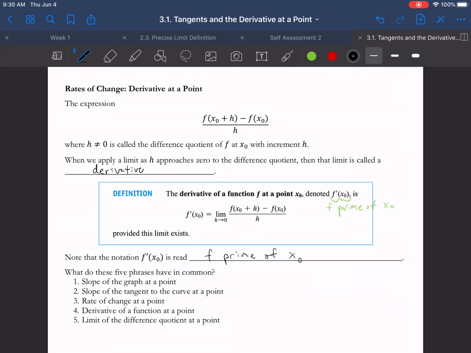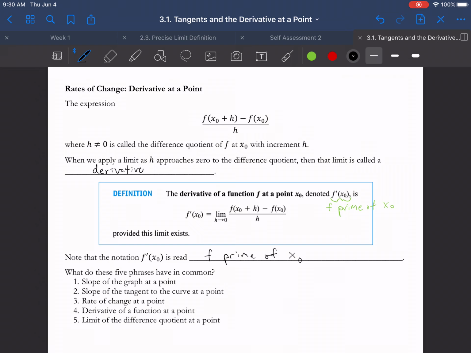So what do these 5 phrases have in common? Slope of the graph at a point, slope of the tangent to the curve at a point, rate of change at a point, derivative of a function at a point, limit of the difference quotient at a point. Basically, they're all essentially telling you the same thing. The slope at a point is the slope of the line tangent to the curve. It is also the rate of change at a point.